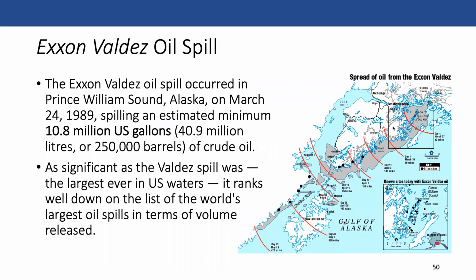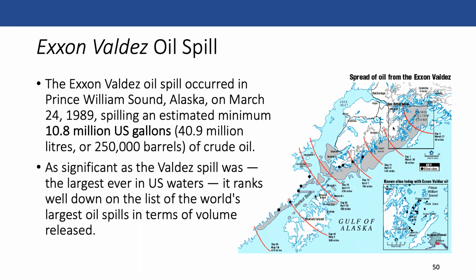Probably another one that folks have heard of, the Exxon Valdez oil spill happening in the Prince William Sound in Alaska. And again, this is a map of that. The spread after about 2 months, people were finding large quantities of oil hundreds and hundreds of miles away, so 500 miles away.